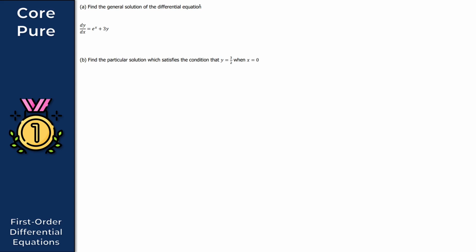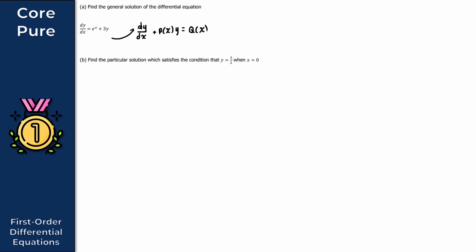Starting off with part A, which asks us to find the general solution to this given differential equation. Clearly we want to use an integrating factor here, but in its current form we have a slight problem. What we require is dy by dx plus p of x times y is equal to q of x.